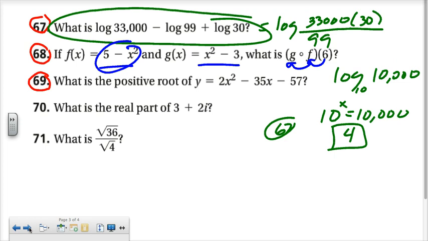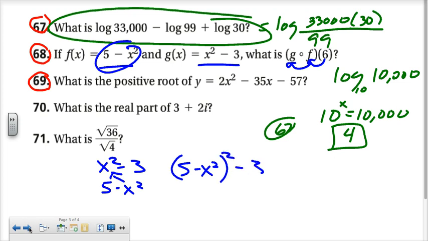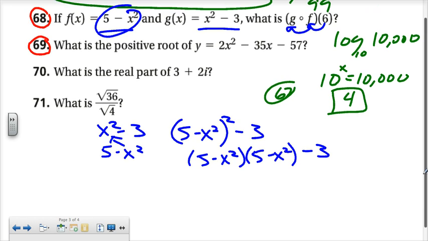So if I have g of f of x, here's g. And what I'm supposed to do is wherever I see an x, replace it with 5 minus x squared. So this will be 5 minus x squared, squared, minus 3. I need to write out my 5 minus x squared twice, make it a couple of binomials, so squaring a binomial, and see what that comes out to be, and then subtract 3 from that.